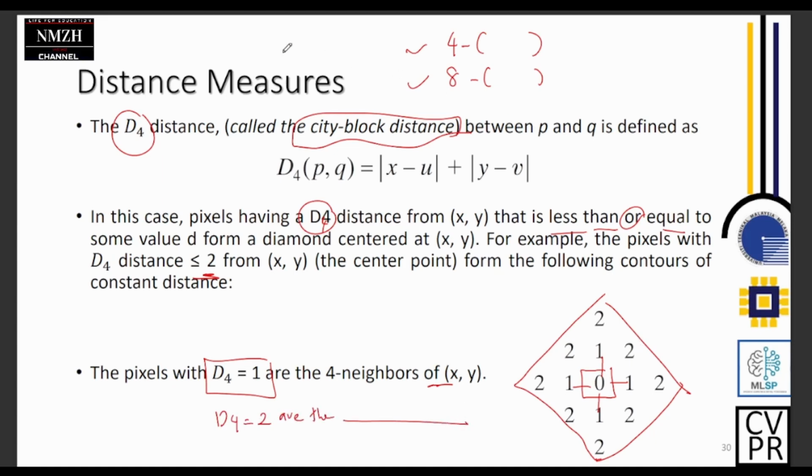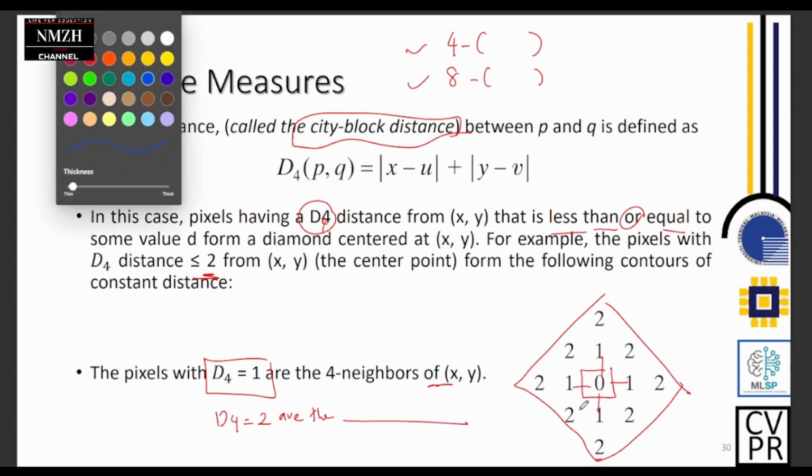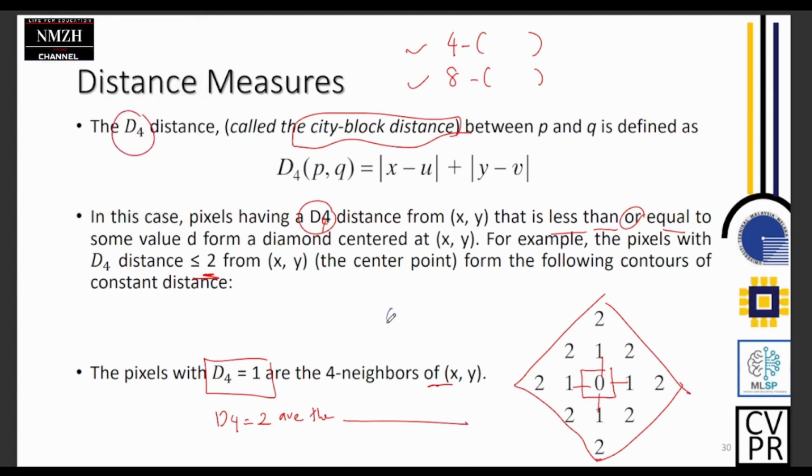The way we have this value is, imagine that we have 0, 0 at the center, guys. So this one is 0, 1. This one is minus 1, 0. This one is 1, 0.